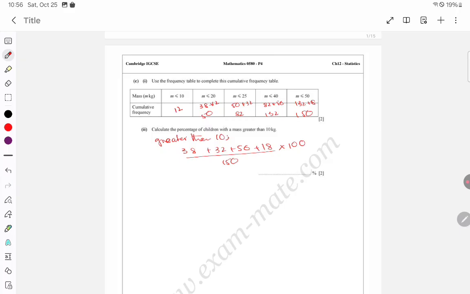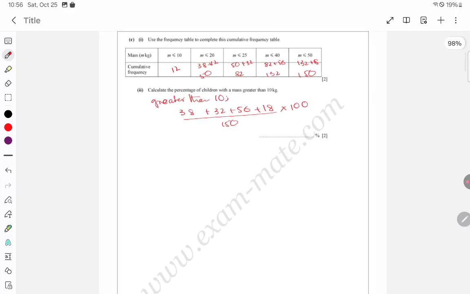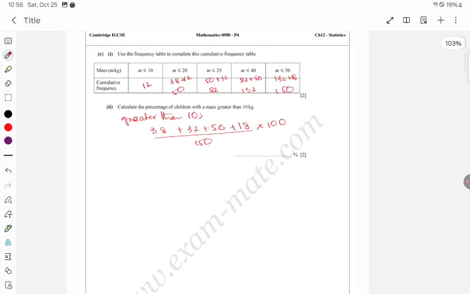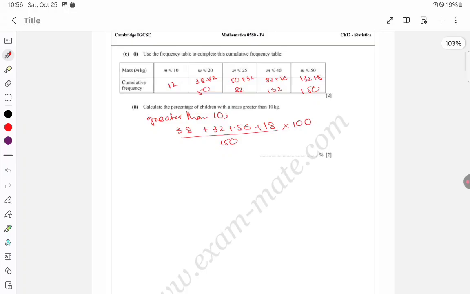We will get our percentage. We are not considering the mass which is equal to 10. We need mass which is greater than 10. Then of course 20 is greater than 10, 25, 40, and 50 are greater than 10. We get our percentage of 92%.